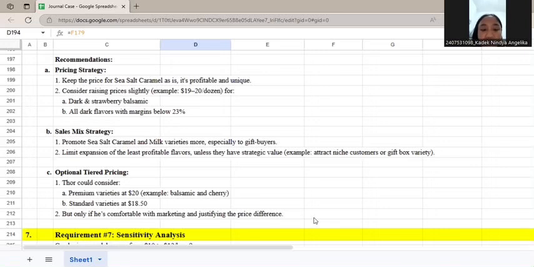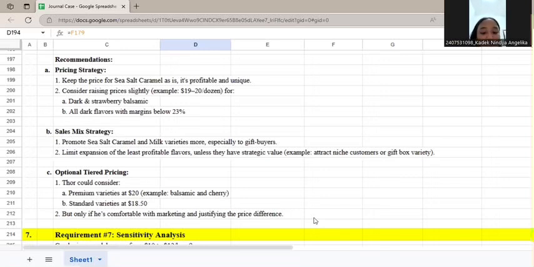And the second, consider raising the price slightly, for example, to $90 to 20 per dozen for A, dark strawberry balsamic, and B, all the dark flavors with margin below 23%. And for the sales mix strategy, at first, promote sea salt caramel and milk varieties more, especially to gift buyers. And the second is to limit expansion of the least profitable flavors unless they have strategic value, for example, attracting niche customers or gift box varieties.